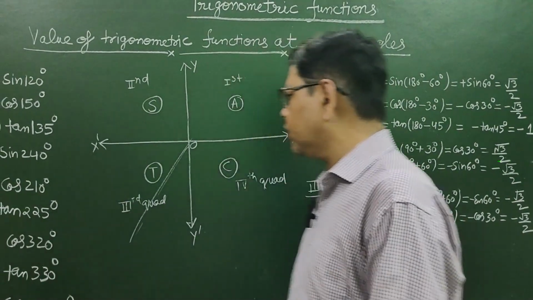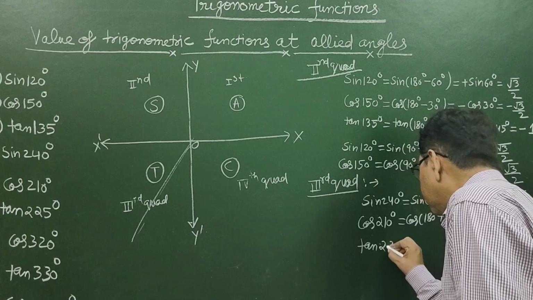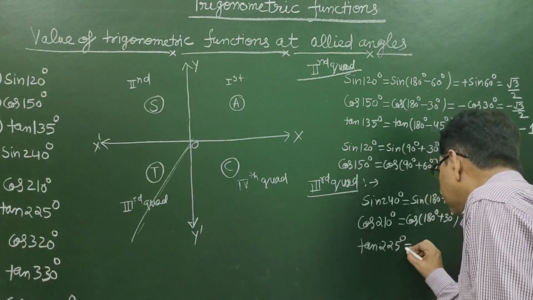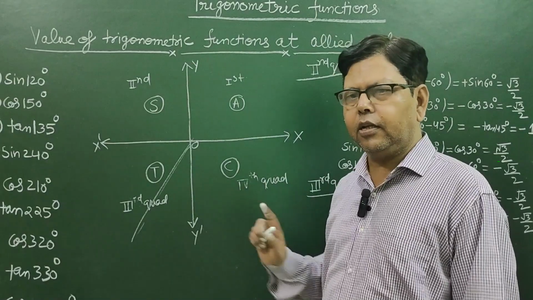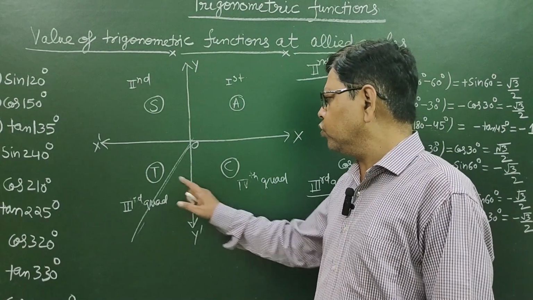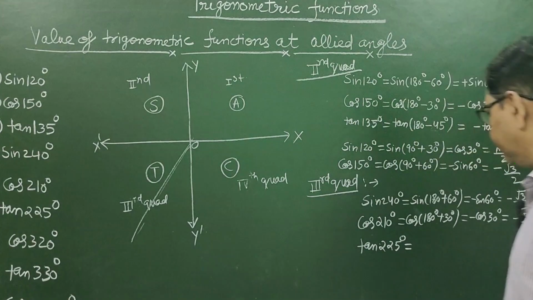Next is tan 225. 225 degree angle is again greater than 180 degree, less than 270 degree. This angle lies in the third quadrant.